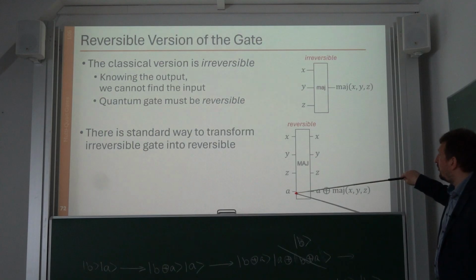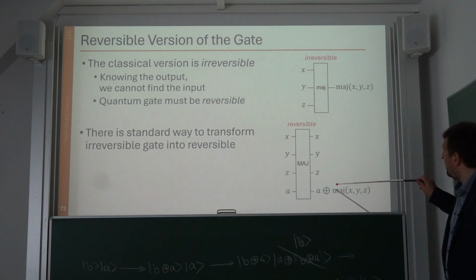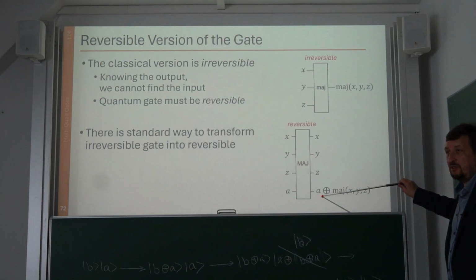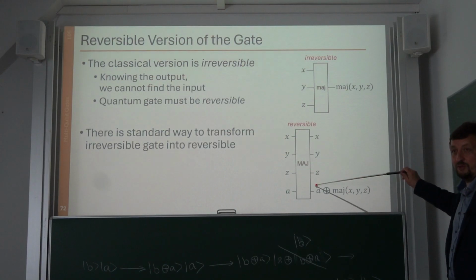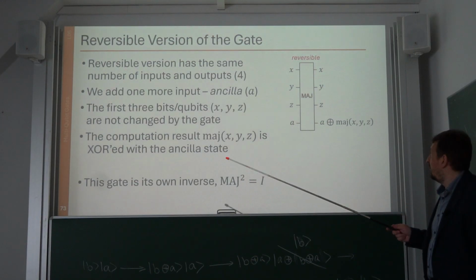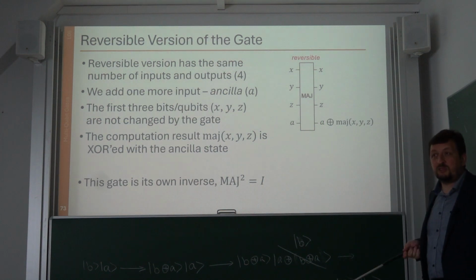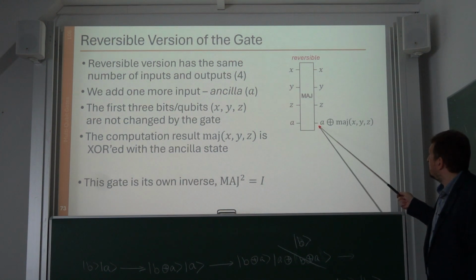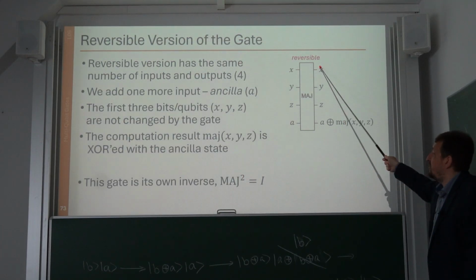And it has one more input, which is called an ancilla. What this gate does is simply XOR the initial state of the ancilla with the classical majority function. And this gate is reversible. A gate like this is always reversible because these qubits stay the same, and the ancilla qubit is simply XORed with the result of the calculation.